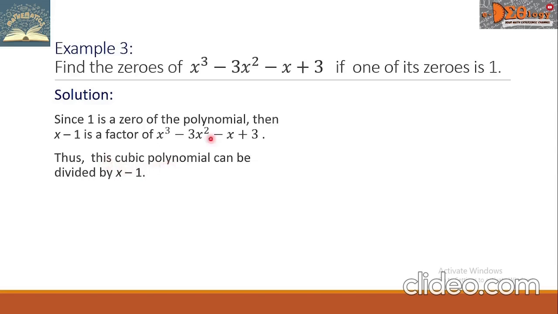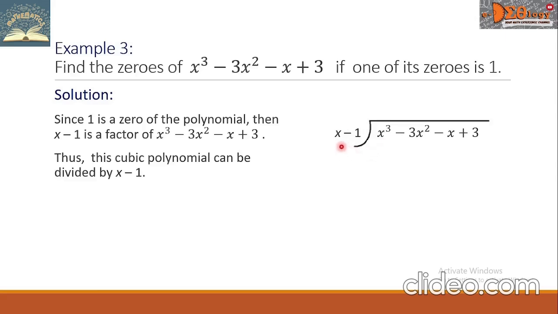Thus, this cubic polynomial here can be divided by x minus 1. So, we write our dividend inside the division box, x minus 1 outside. This is our divisor. Let's begin the division.